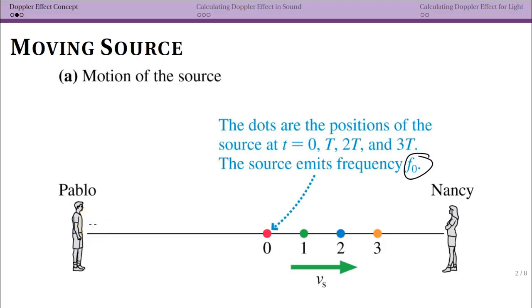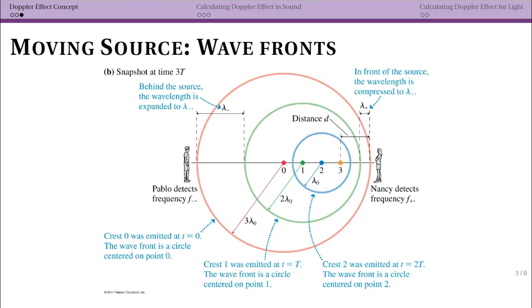Notice that in Pablo's case, the source is moving away, and in Nancy's case, the source is moving towards. So that's actually going to give us a difference. We don't get the same effect for both Pablo and Nancy. Hopefully this picture makes sense before we move on and actually add the wave fronts, because that makes it much more complicated.